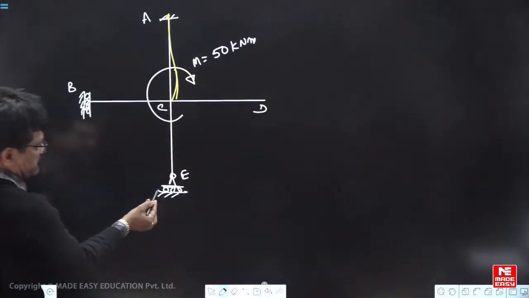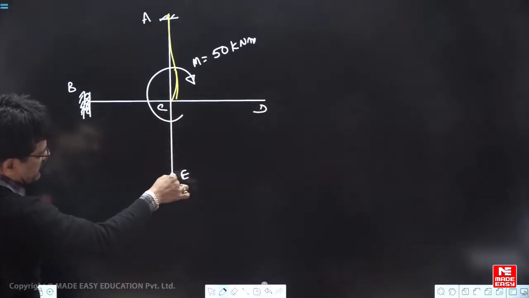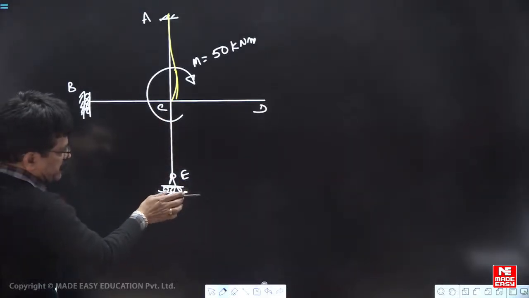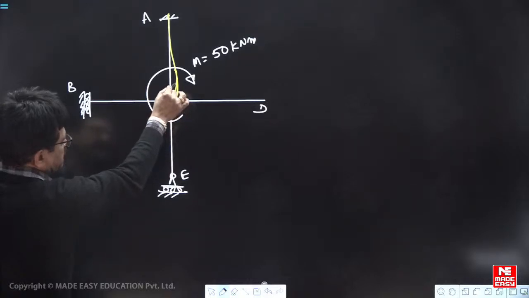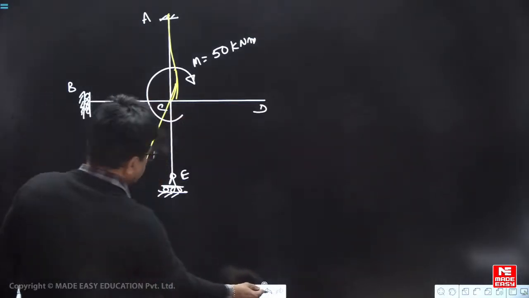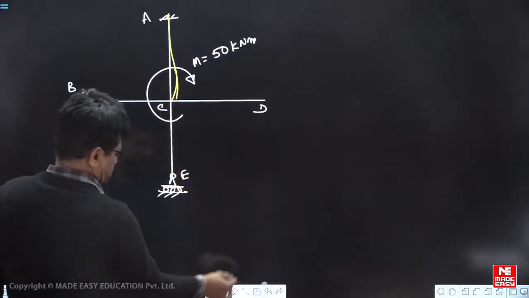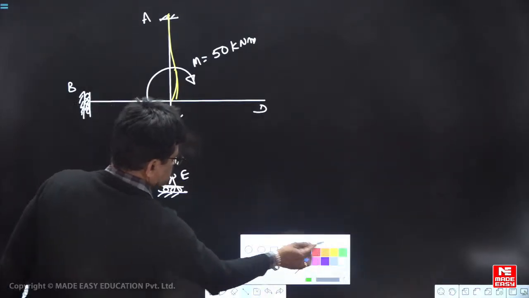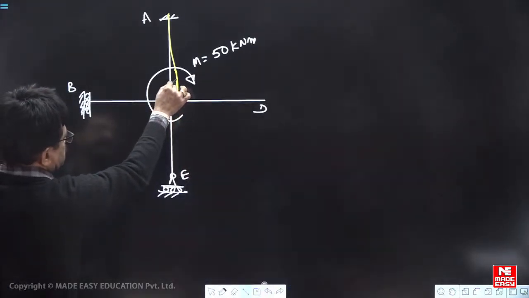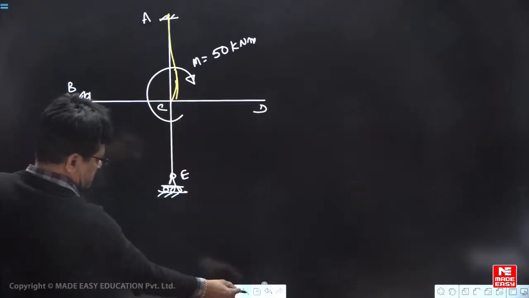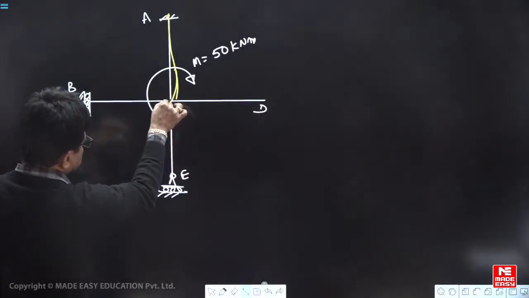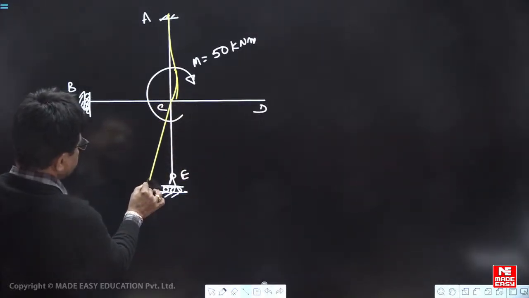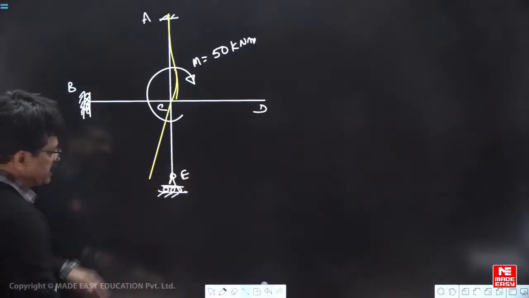Here, for it to remain like this, there is no reaction developed horizontally. So it will bend like a straight line. This way it will bend, because there is no reaction in this side.